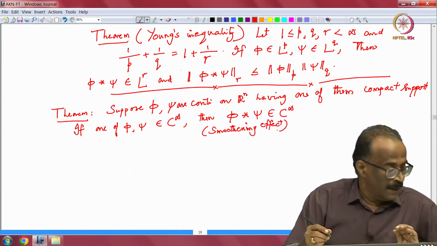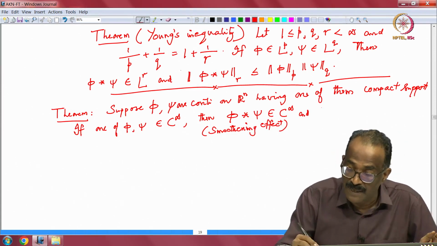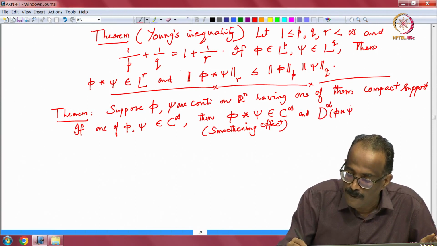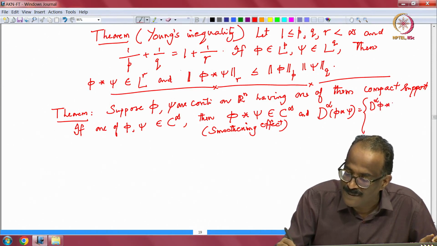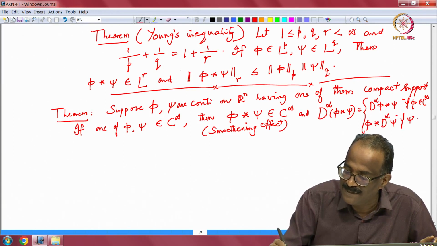Okay. And you can compute d power alpha of phi star psi. It is enough to take the derivative on one side: that is d power alpha of psi if psi is C infinity, phi star d power alpha of psi.